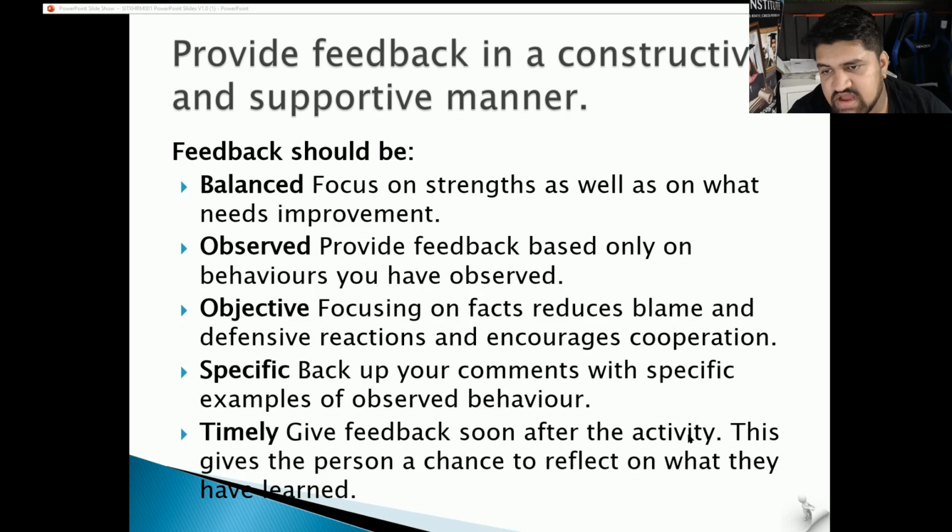Observed, so provide feedback based on behaviors that you have observed. May be objective, focusing on facts, reduces blame and defensive reactions, and encourages cooperation. Being specific, back up your comments with specific examples of observed behavior. Timely, so give feedback soon after the activity. This gives the person a chance to reflect on what they have learnt.